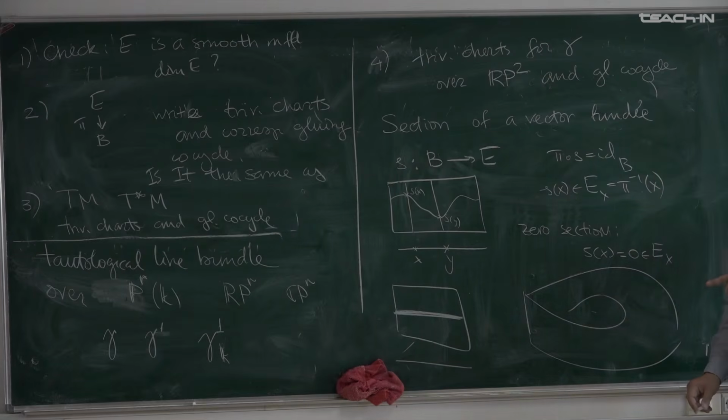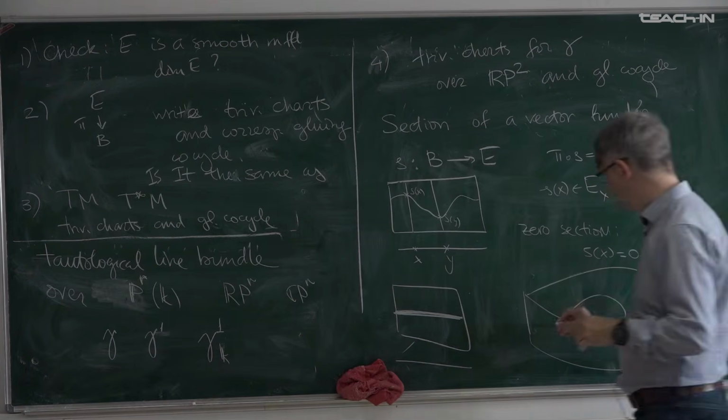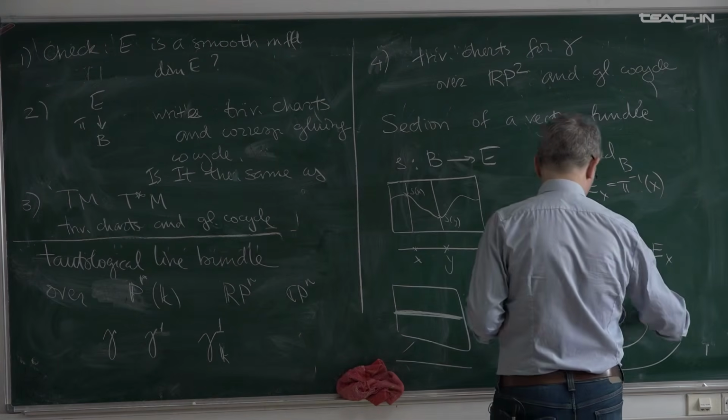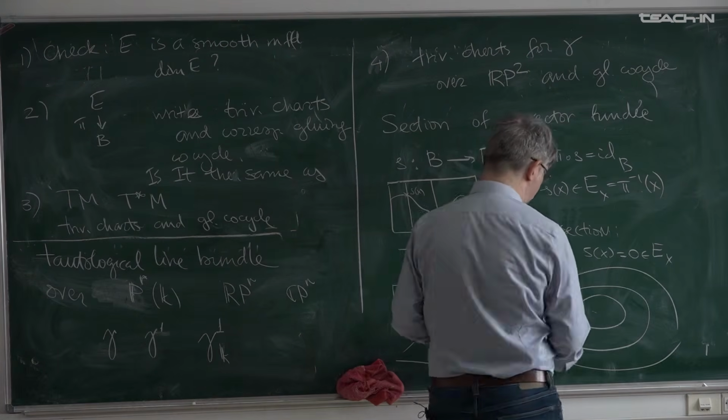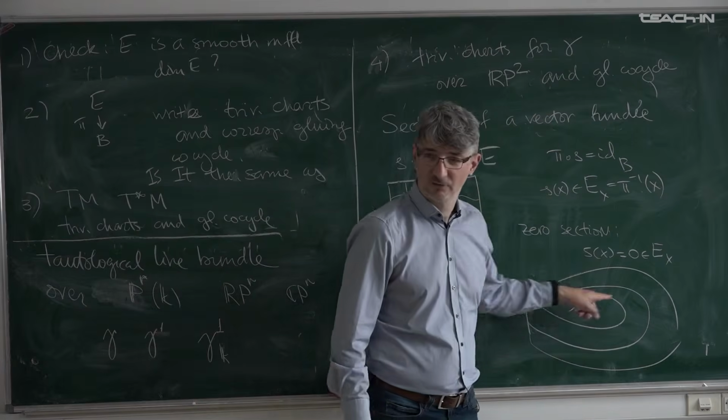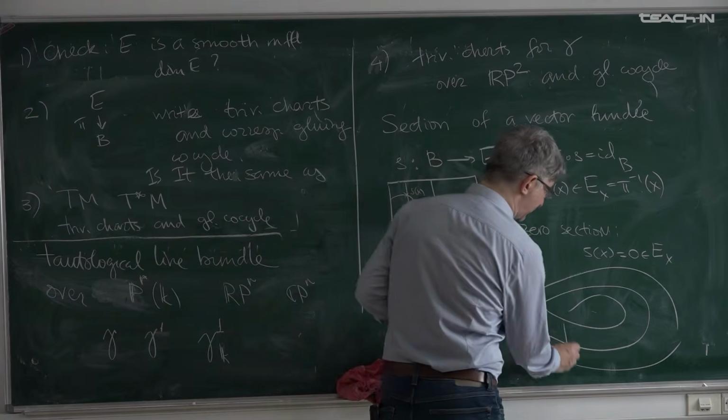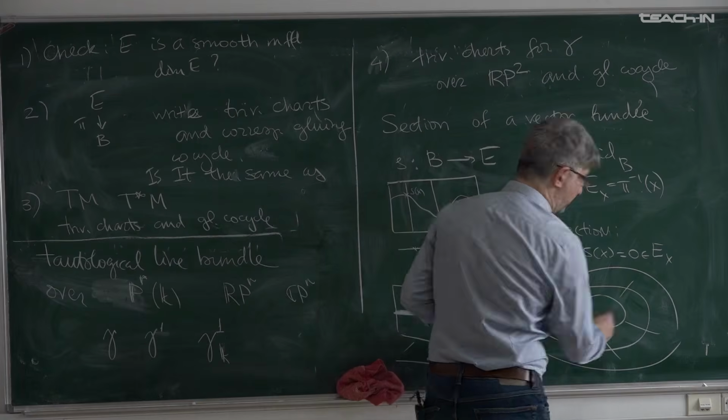I didn't draw the space B. There was no projection. Then I wrote the middle curve. It was a circle, and then I drew fibers.